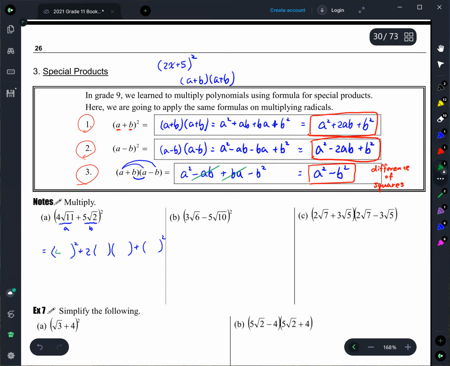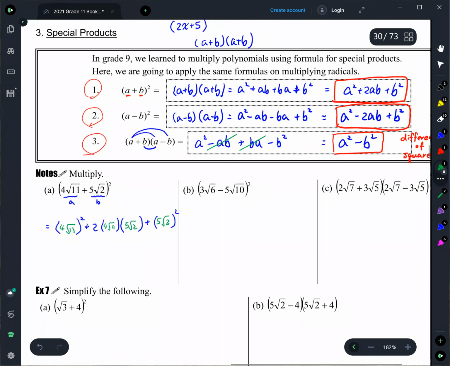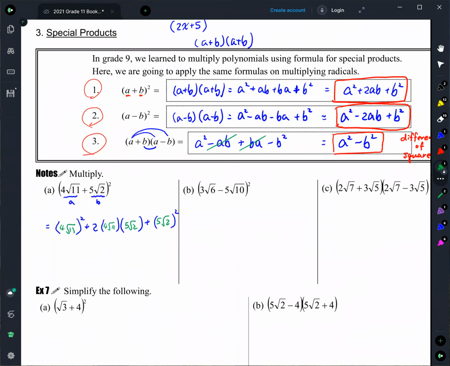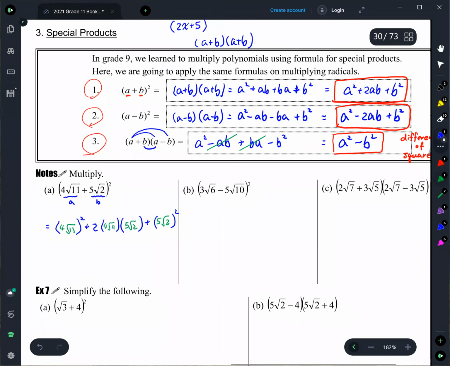A is 4 root 11. B is 5 root 2, right? And in the middle, you have 2AB. Any questions so far? Make sure you put brackets, so it doesn't look too messy instead of writing multiplication signs.